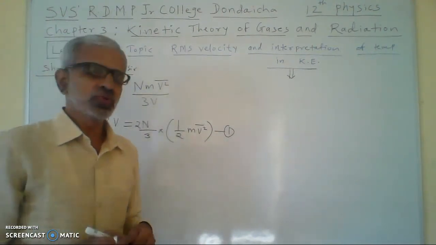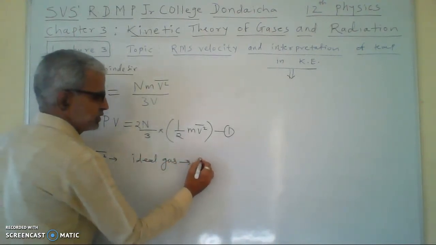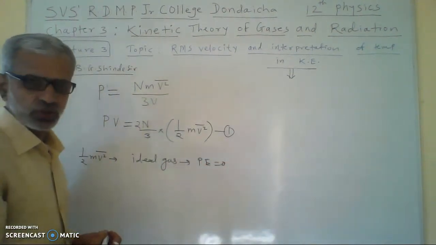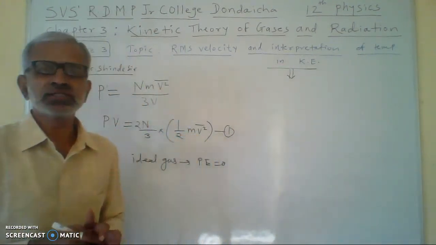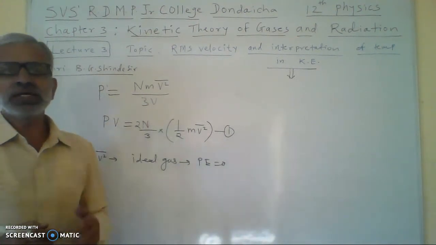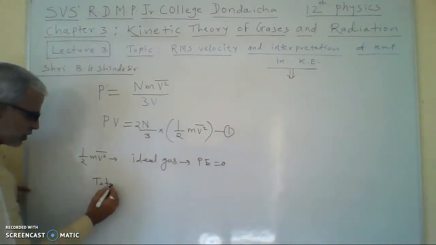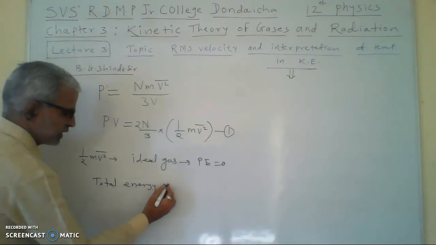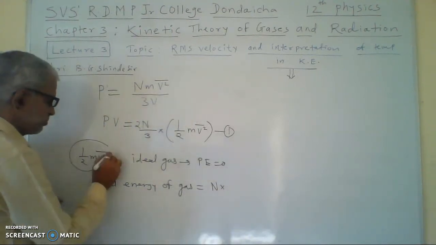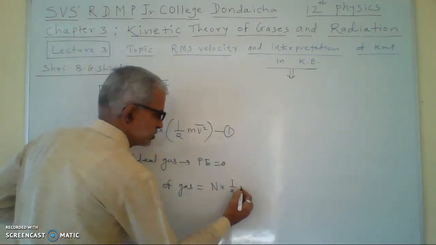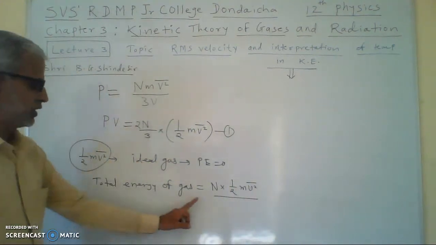And we know that for an ideal gas, the potential energy of the ideal gas is equal to 0, and therefore the internal energy of this ideal gas is purely kinetic energy, and therefore the total energy of the gas will be given by the number of molecules of the gas multiplied by the kinetic energy of one molecule of the gas. So this is the total energy of the gas.